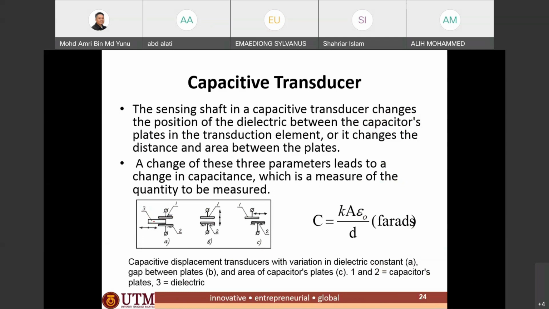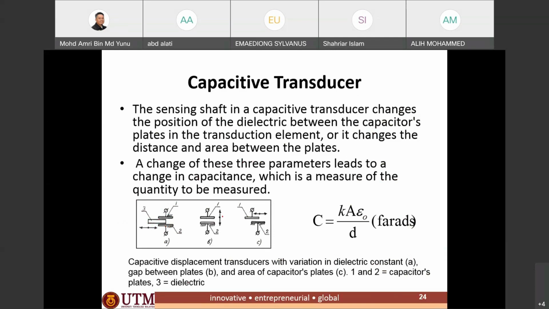So when the insulator moves due to the displacement of the object, that links to the sensing shaft, so it will basically change the total value of the capacitive transducer.